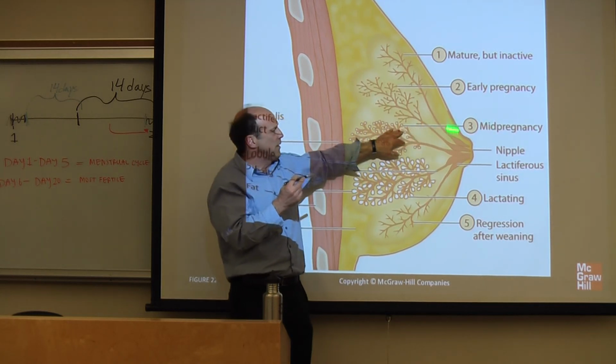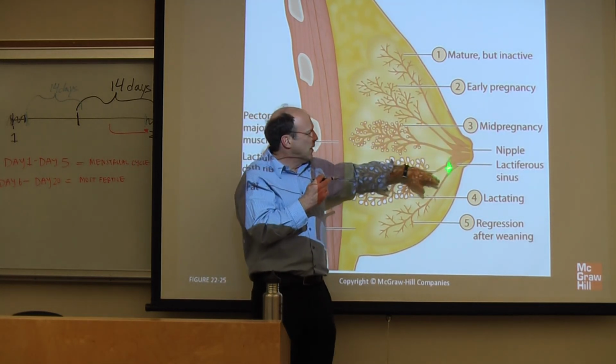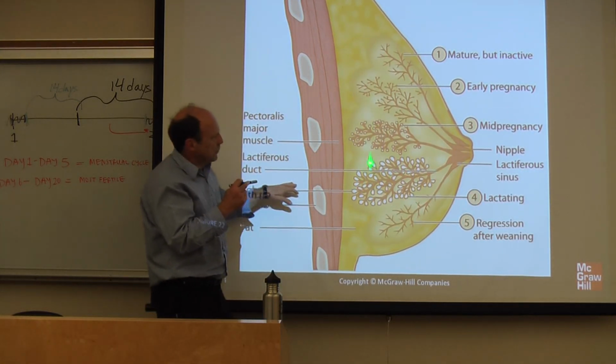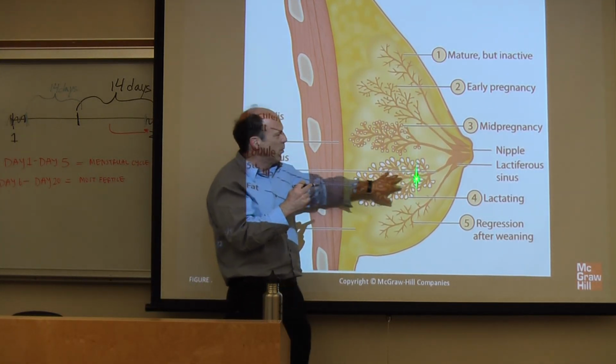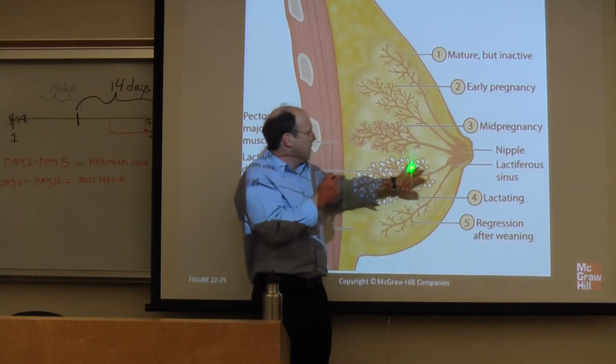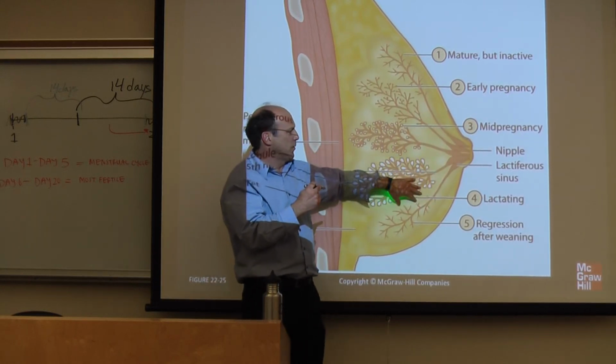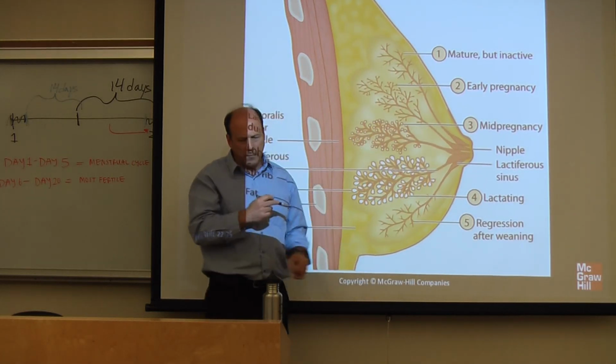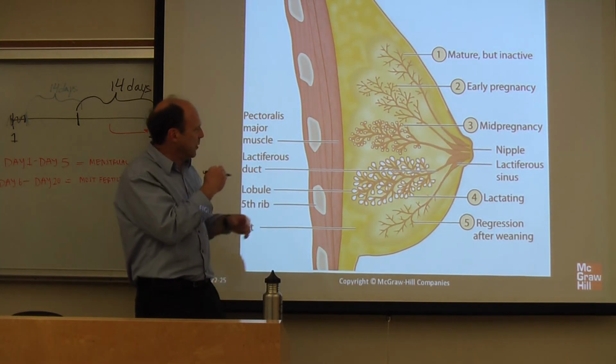You don't need the milk yet in mid-pregnancy. But once you actually begin lactating, when the child's been born, these ducts are going to fill with milk, and you're going to make use of the colostrum fluid that had been building up.